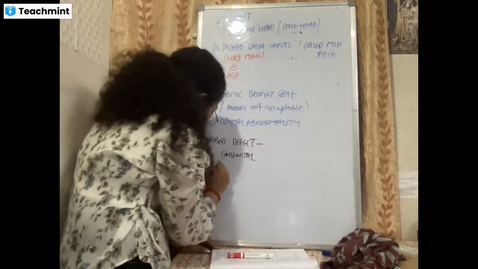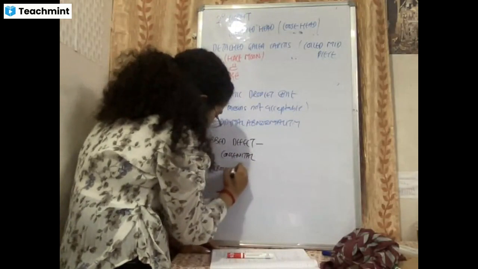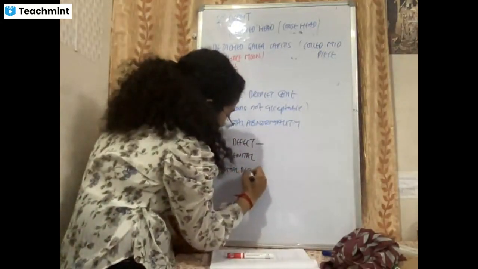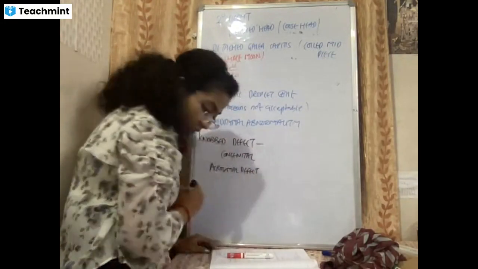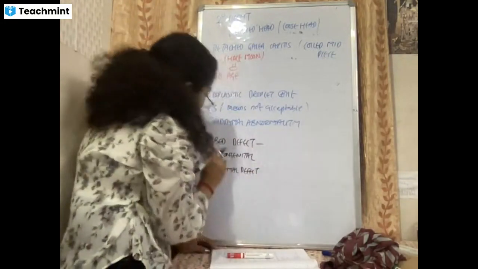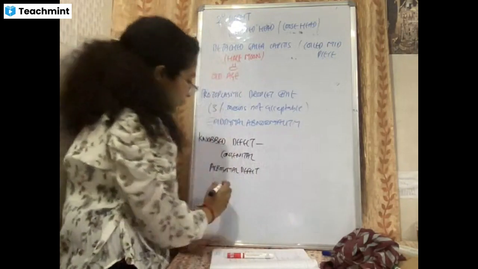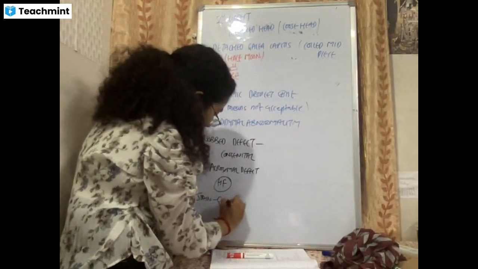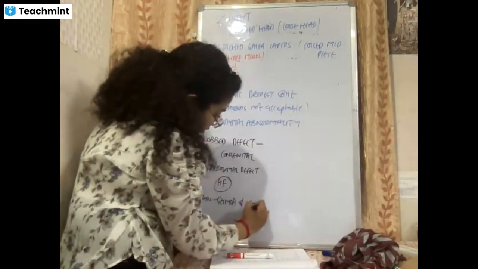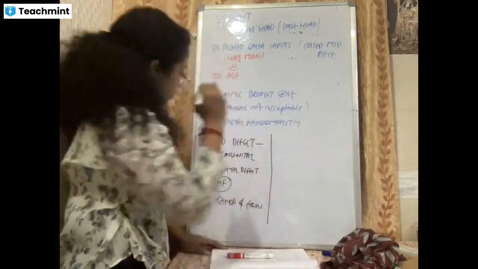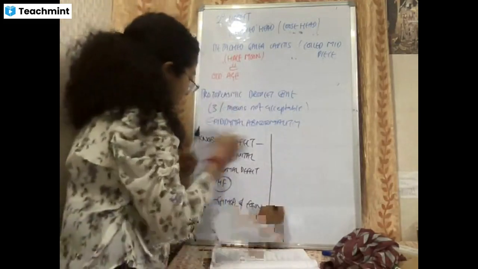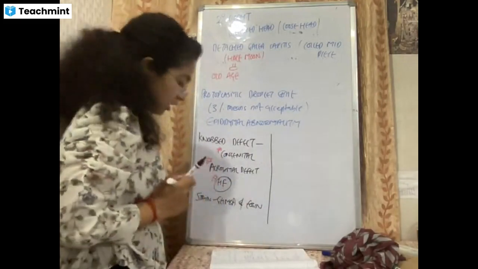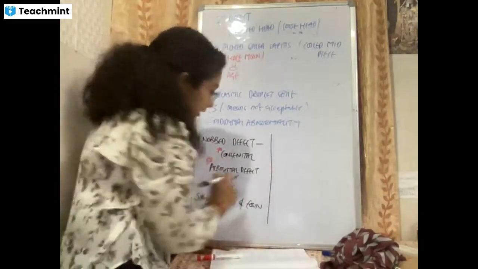It is also an acrosomal defect. These points are very important, just mug it up. It occurs in HF, and Giemsa and eosin stain are used. Remember like this: it is congenital, it is acrosomal, it occurs in HF, and Giemsa and eosin stain are used.